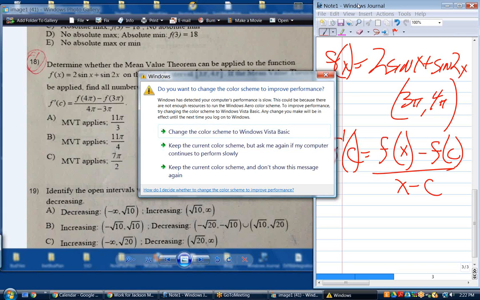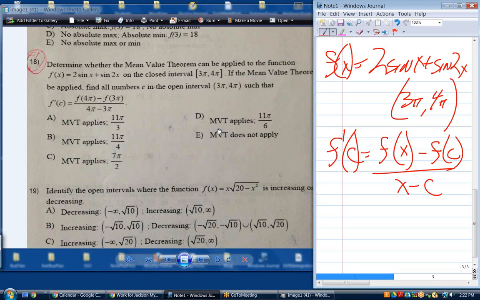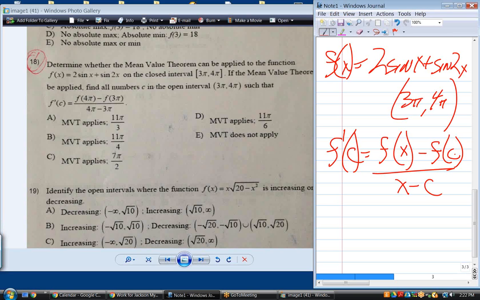I'm trying to find it in the book. Oh, here it is. It's f of x minus f of c all over x minus c, and it's the limit of that as x goes to c.